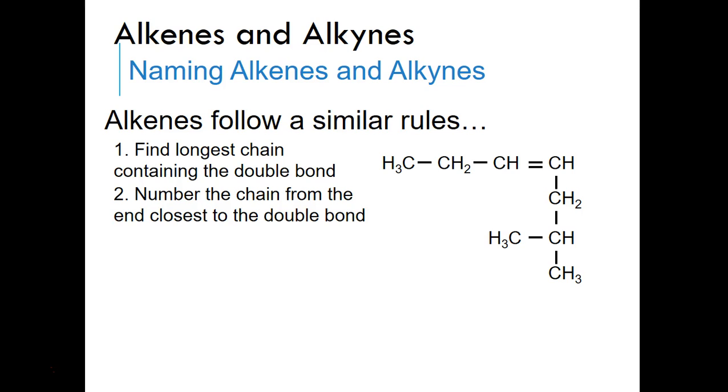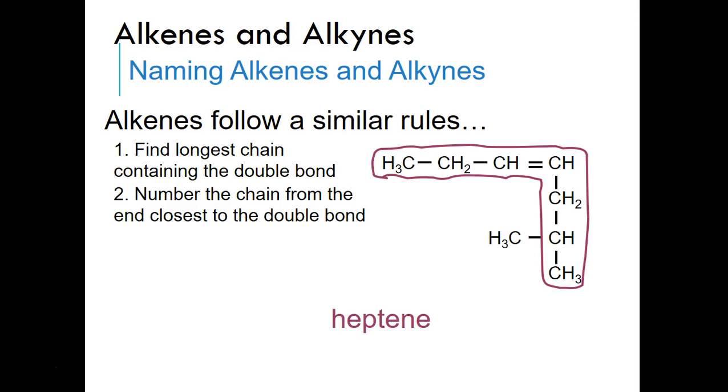Let's do another example about alkenes. We have this really long carbon chain. We want to find the longest carbon chain, and we can see that it's right over here. Then you want to number the chain from the end closest to the double bond. So it doesn't really matter if you have attached groups. Whenever you have double bonds in a long carbon chain, you want to start numbering where the double bond has the least number. So this is a 7 carbon long chain, and that's hept, and there's ene.